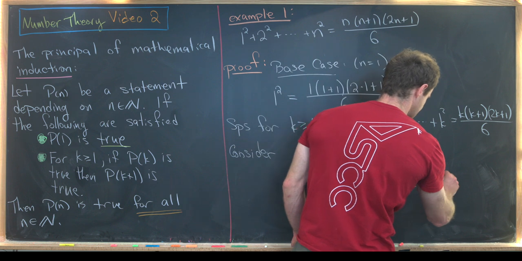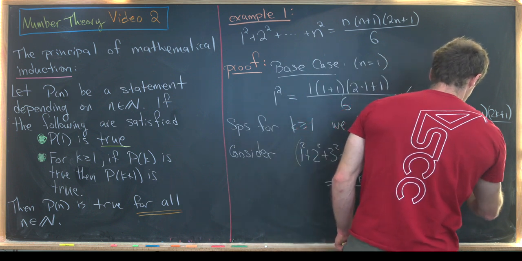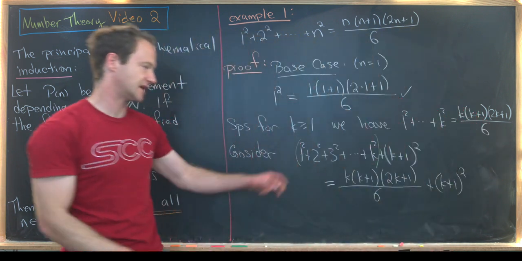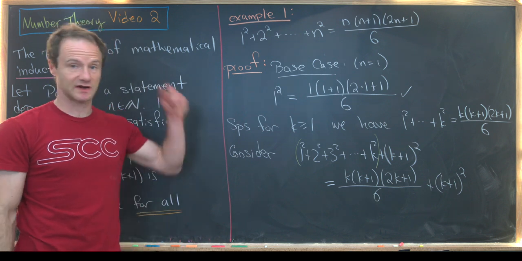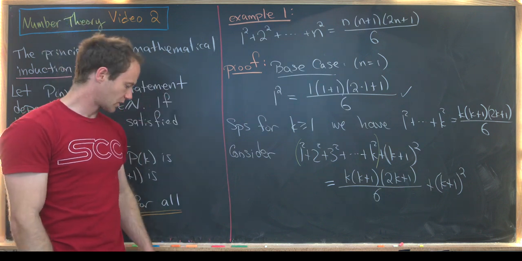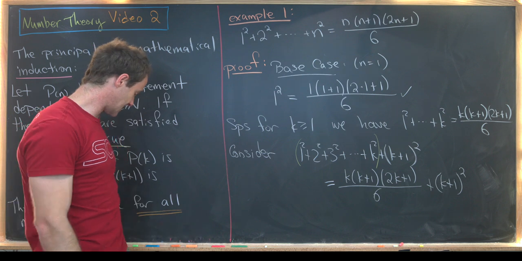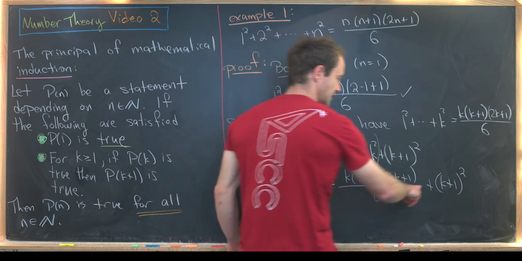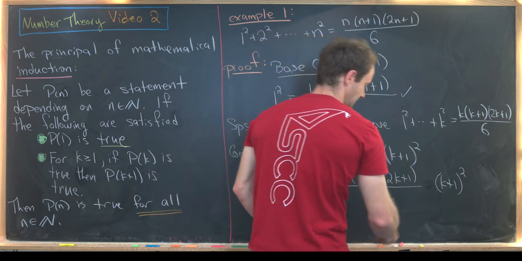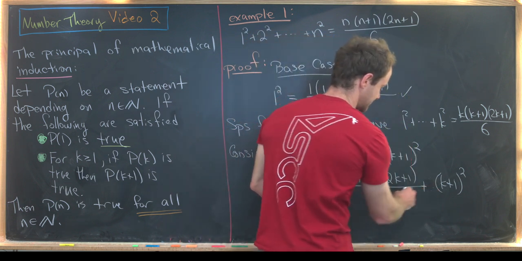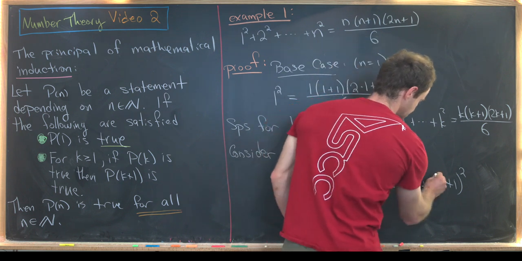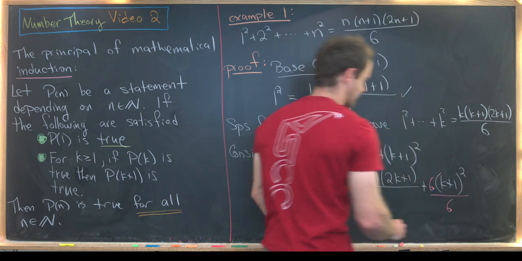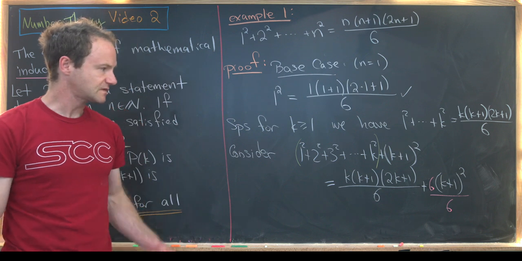And then we have this leftover bit, which is k plus 1 quantity squared. Again, that's from the induction hypothesis. Now we're going to combine these things together, but we're going to do that in what I would think is a clever way. I'm going to take this and give it a denominator of 6 so it easily combines. That means I've got to give it a numerator of 6.